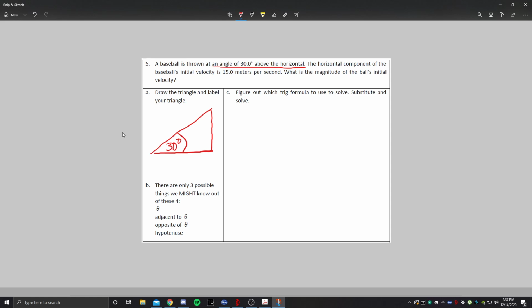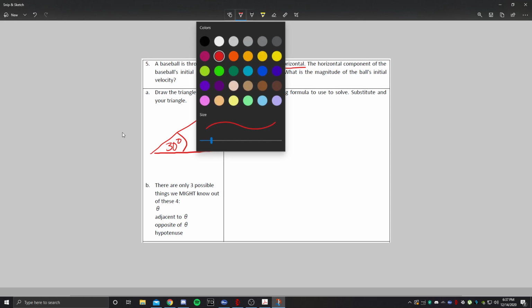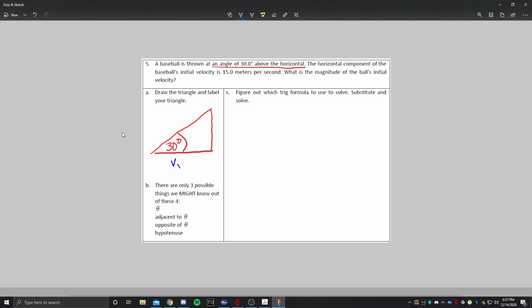The horizontal component of the baseball's initial velocity is 15 meters per second. So that's your initial velocity in the x direction, because that's your horizontal component.